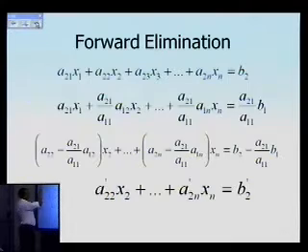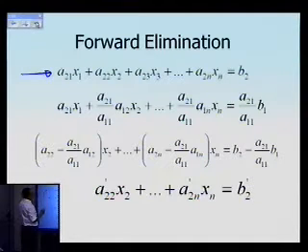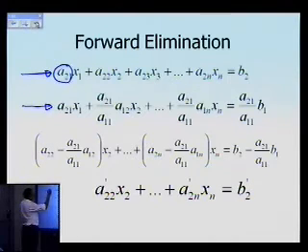So let's look at that. This is what's going to happen. This is the equation which I get. This is the second row, or the second equation, which I have. This is the equation which I get by multiplying the first row by a21 divided by a11. And you can see that now the coefficient of x1 is the same in both. So when I subtract, I don't have any x1 terms.